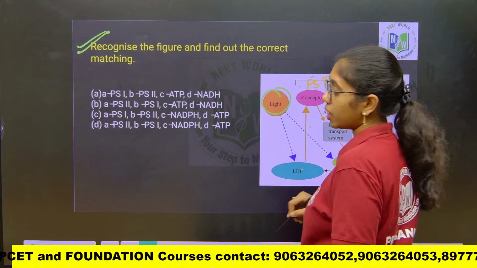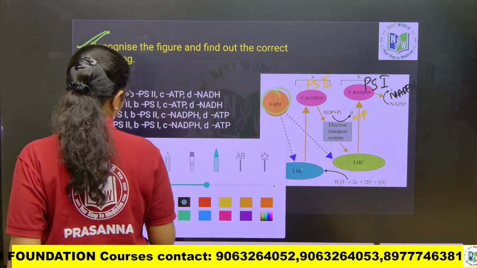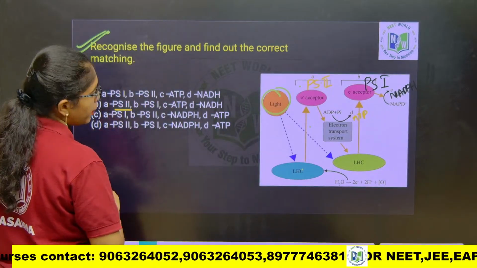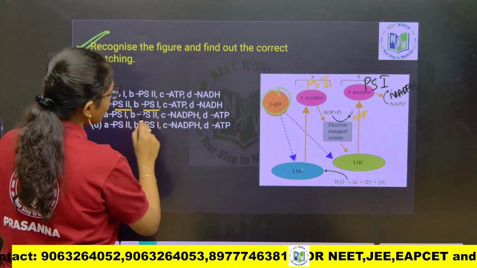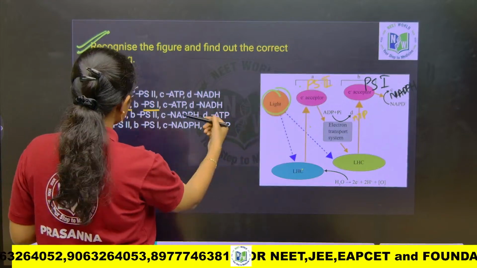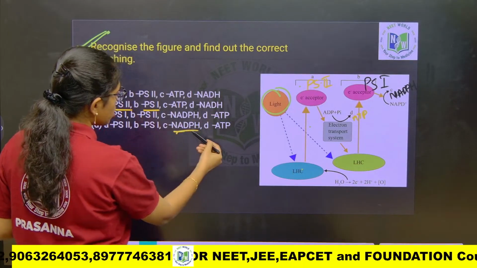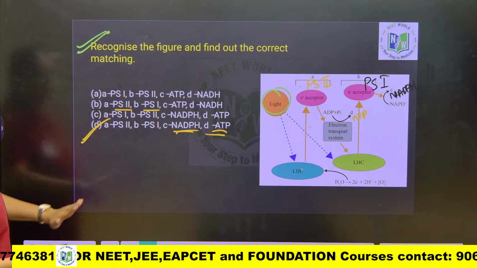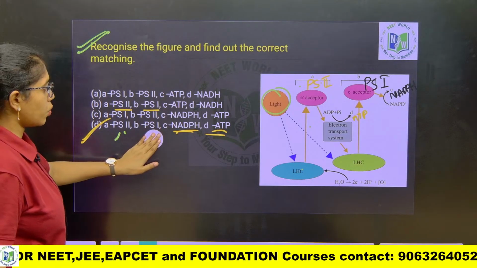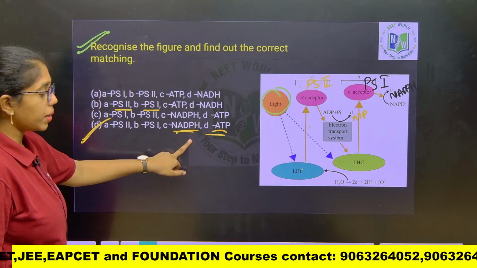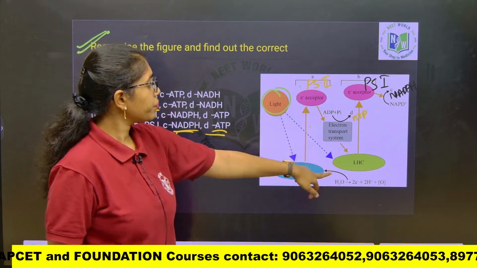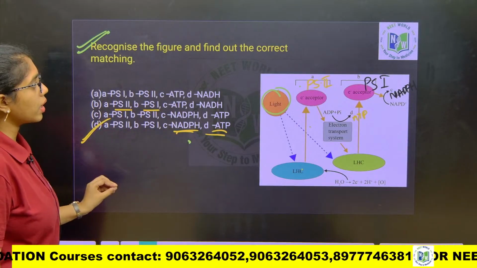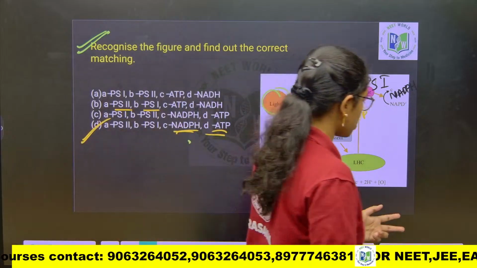So A is photosystem 2, B is photosystem 1, C is NADPH, D is ATP. The right option is option D. So this is how you have to recognize the figure and identify the option.